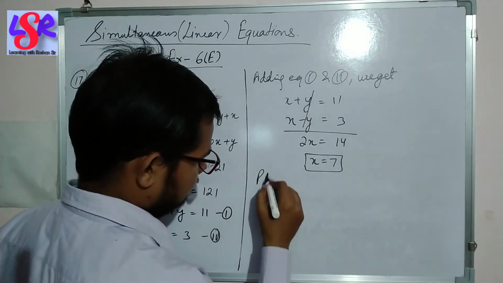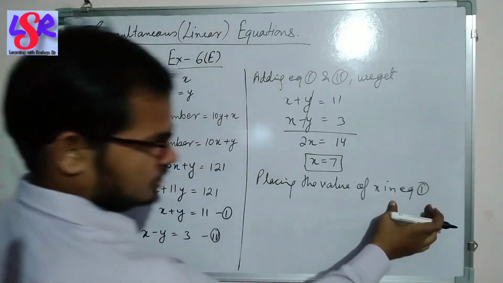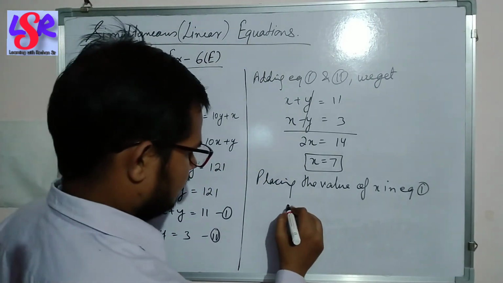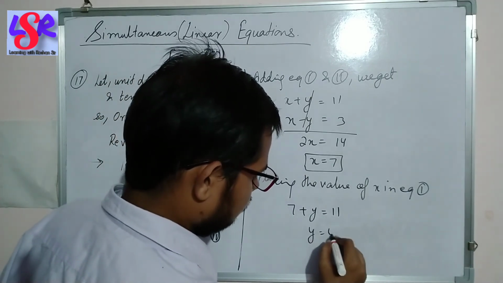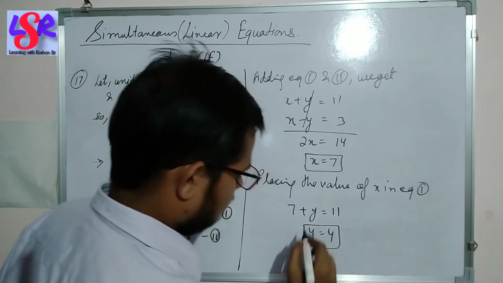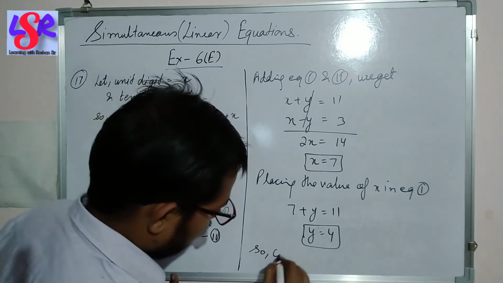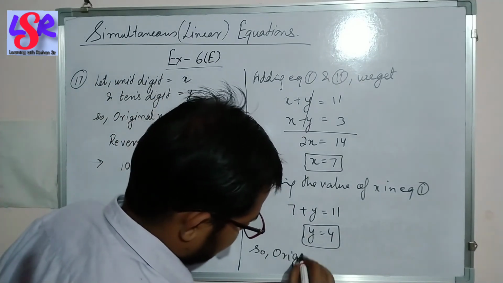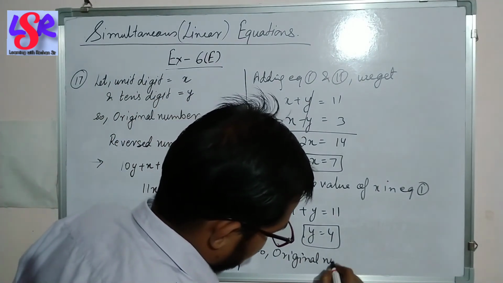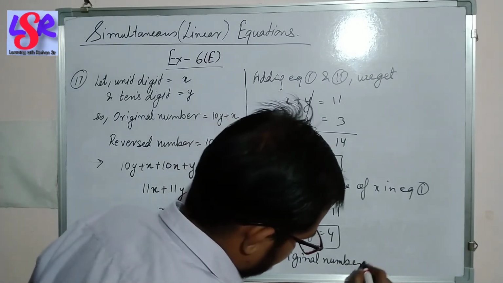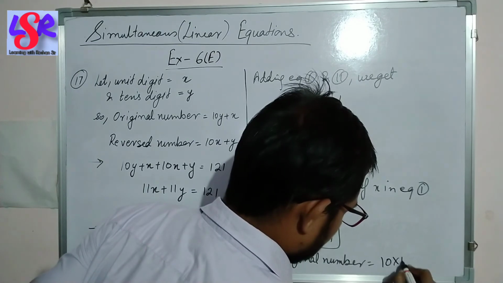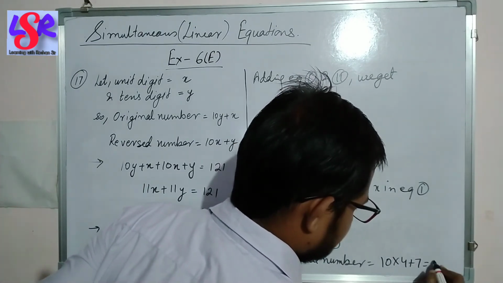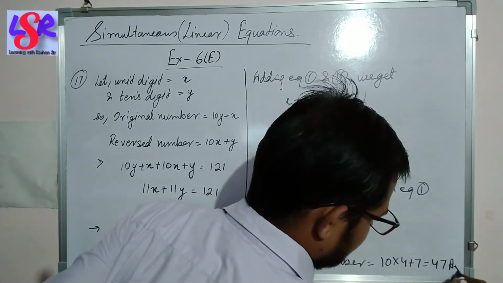So placing the value of x in equation number 1, we get 7 plus y equals 11, that is y equals 4. So the original number is 10y plus x, that is 10 into 4 plus 7, that is 47 as the answer.